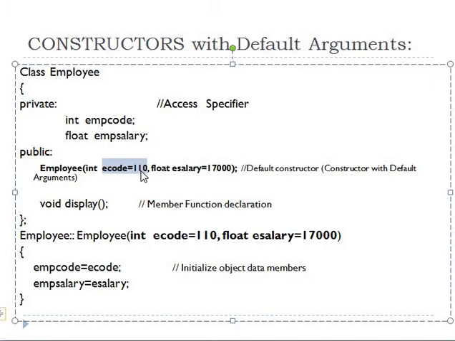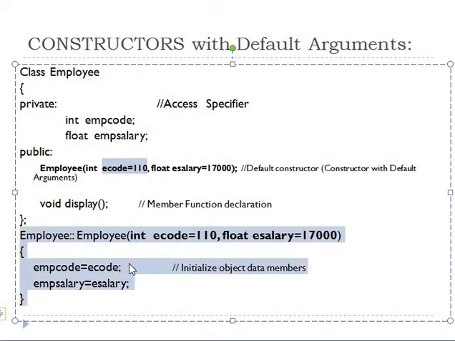And once the value 200 replaces 110 for eCode, then in the function body during the initialization process, the value 200 which replaces the value 110 for the parameter eCode shall be assigned to the data member emp code.